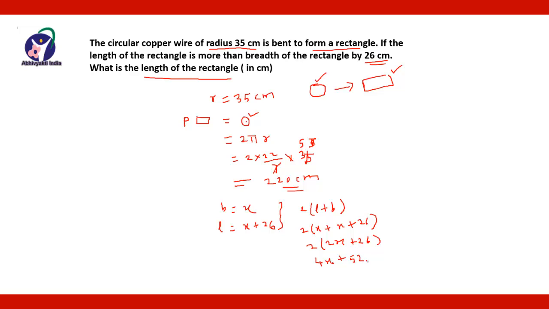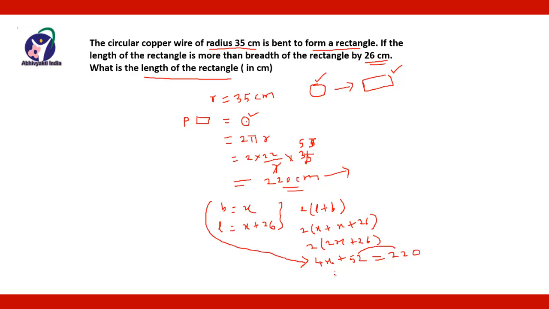So the perimeter according to this length and breadth is equal to 4x plus 52, but as we have calculated that the perimeter of the rectangle is 220 centimeter, so from this you can equate it equal to 220 centimeter and shift 52 to the other side.